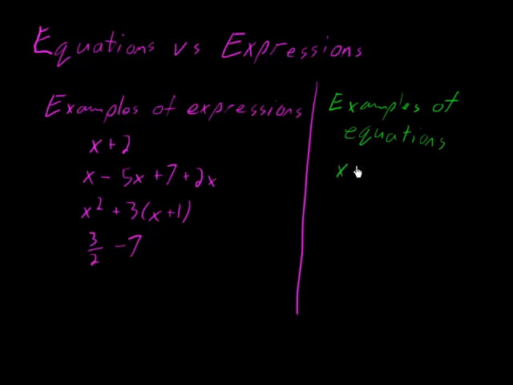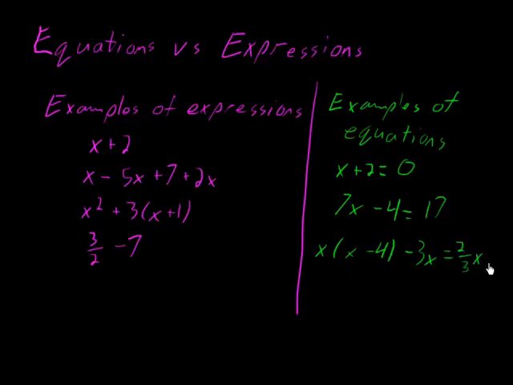So we could have, say, x plus 2 equals 0, or say 7x minus 4 equals 17. It could be something even more complicated, say x times x minus 4 minus 3x equals 2/3 x plus 1. So these are examples of equations. Notice that they all have an equal sign in the middle.